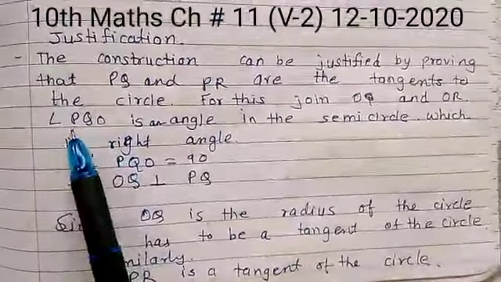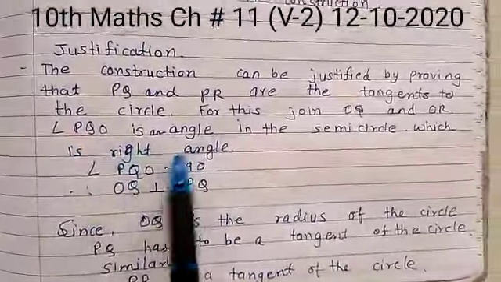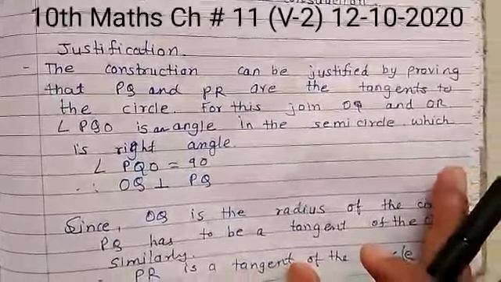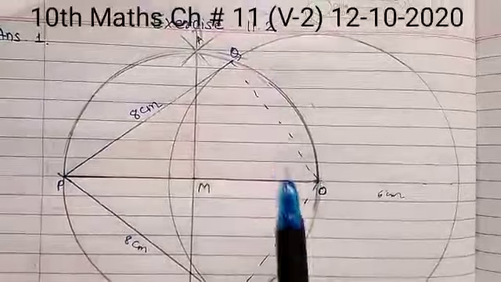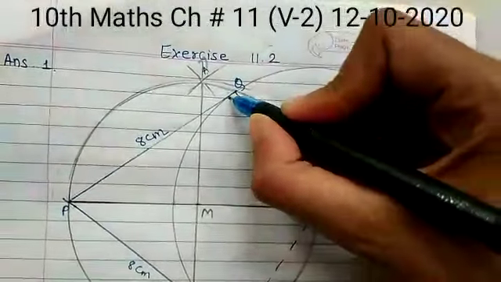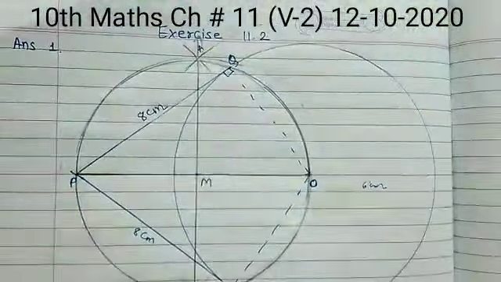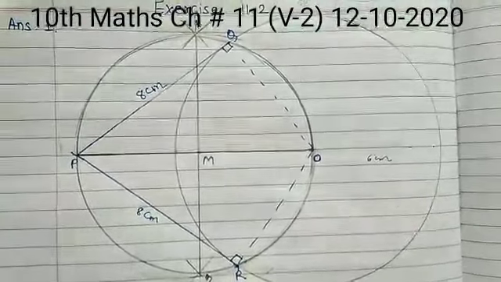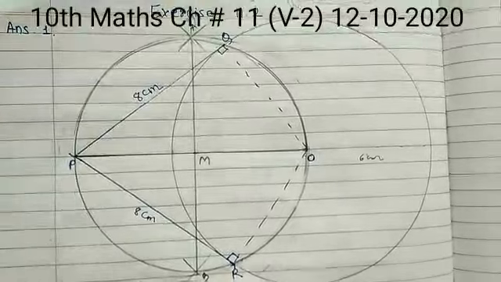Now we see that angle PQO is an angle in the semicircle, which is a right angle. So P, Q and O lie on a semicircle, so it will form a right angle. Similarly P, R, O also lie on a semicircle and will form a right angle, that is, perpendicular to each other.